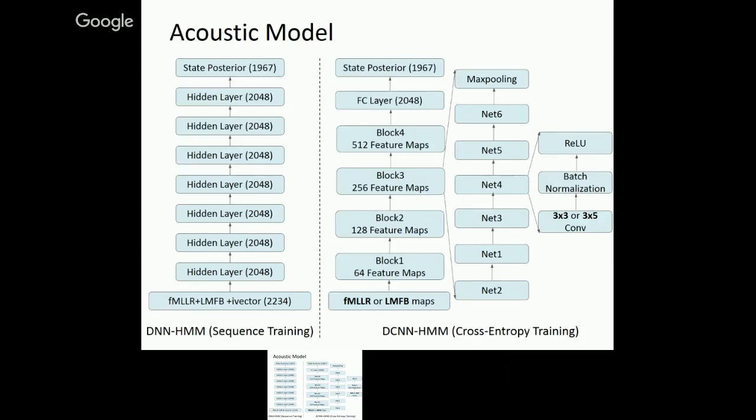For the input, we can use the fMLLR or log mel filterbank, and we also can use 3x3 or 3x5 filters. Then we can train 4 DCNNs.